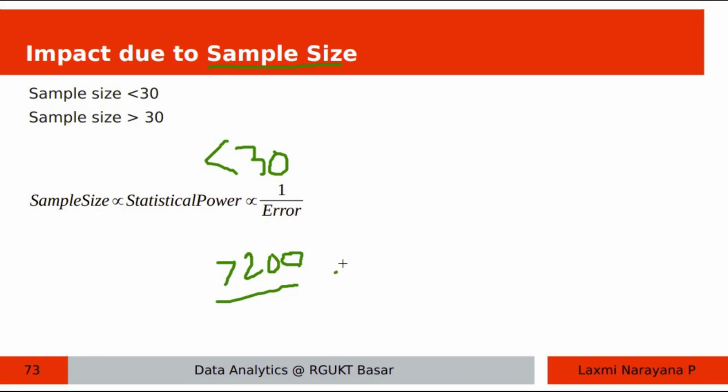Means it may not be exactly normal distribution, but variation will be very low. If the sample size is very small, then deviation from the normal distribution will be very high. If sample size increases, statistical power will increase and error will decrease.